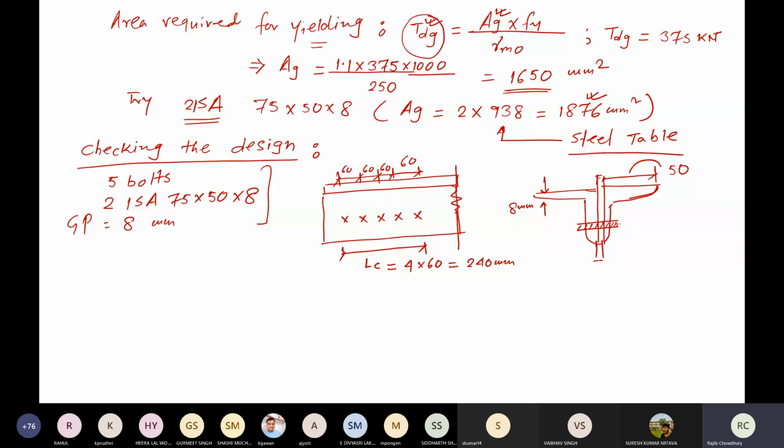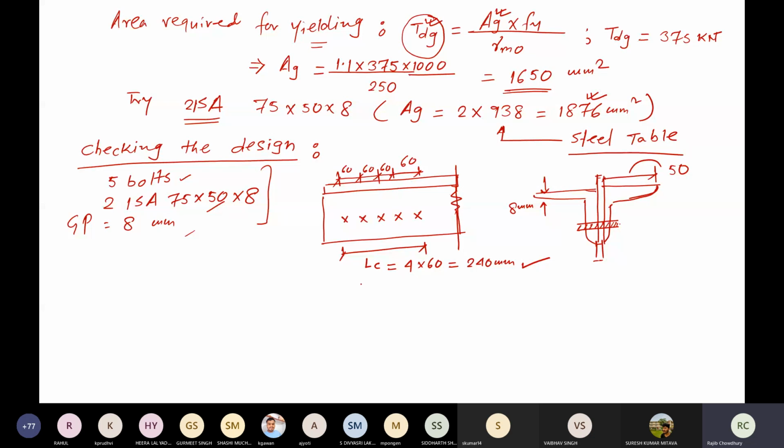Now, while checking the design, again we are analyzing the things based on the data which I have already evaluated or calculated. I have already calculated the number of bolts and all the sections. Then from there I calculated the LC, the length of the joint or the length of the connection.